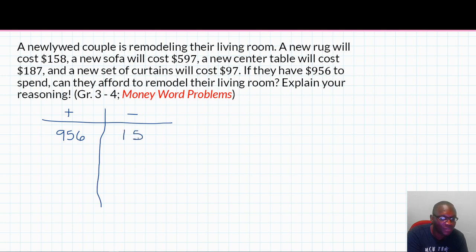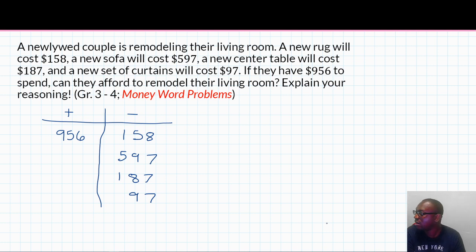So we have 158 over here, 597 over here, 187, and then 97. So those are the amounts of money that they want to spend to remodel.